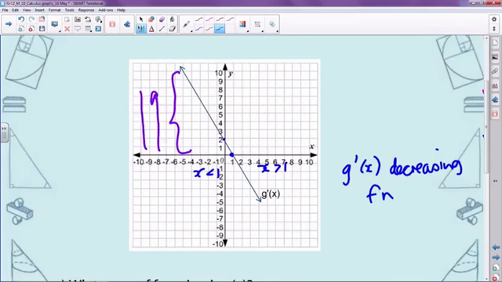So therefore your function values are all going to be positive. And then for x greater than 1, your graph lies below the x-axis. So therefore all your function values are negative. All right. So we just noticed that there's some interesting things happening at the point 1, to the right of point 1, and to the left of point 1.